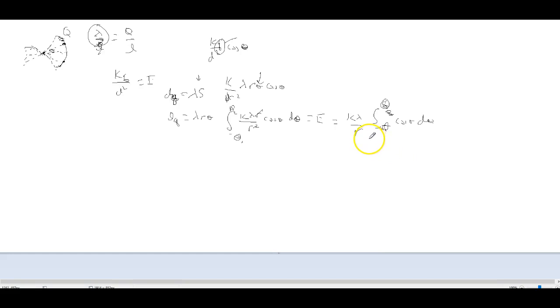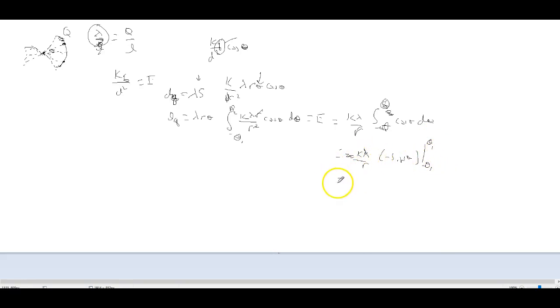Did I pick up a negative along the way? I did not pick up a negative. That's interesting. Well, never mind, not to worry. So this becomes negative k lambda over r, and then negative sine theta, from negative theta 1 to theta 1, where my theta was for the angle.